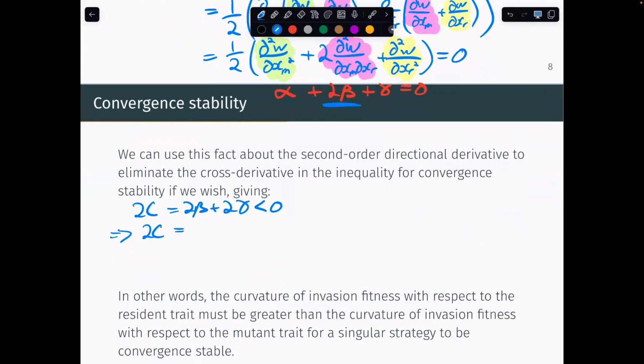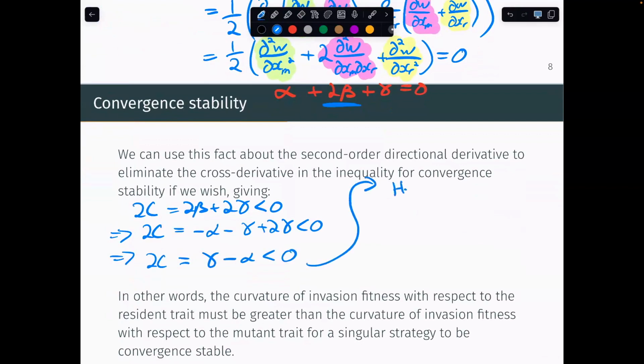So 2c is going to equal minus alpha minus gamma plus 2 gamma. That's to be less than 0. In other words, that implies that 2c has to be equal to gamma minus alpha, which has to be less than 0. In other words, in the context of these second order partial derivatives, we need our second order partial with respect to our mutant trait, this was our gamma, to be less than our second order partial with respect to our resident trait, which was our alpha, for convergence stability.